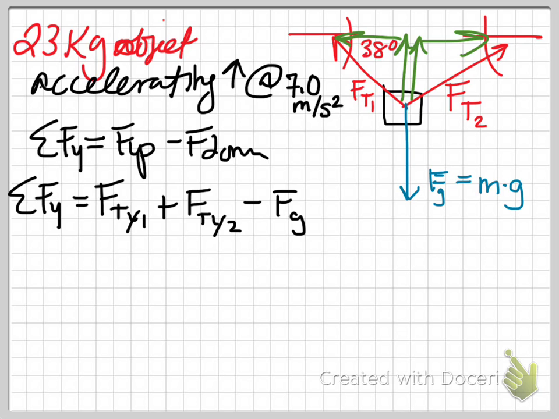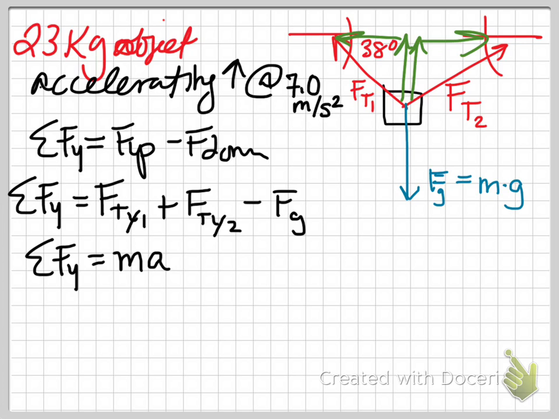That alone is not enough to solve this. We have to know what those numbers add to. So if it was just hanging there, they'd add to 0, and this is all really easy. But in this case, it's actually accelerating upwards. So the sum of forces on the y also equals the mass of the object times the object's acceleration.